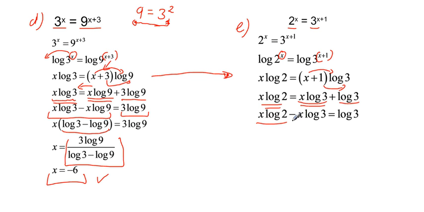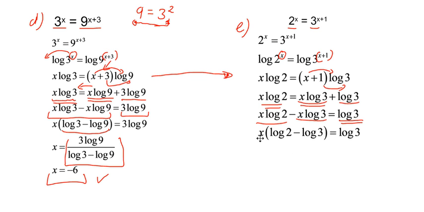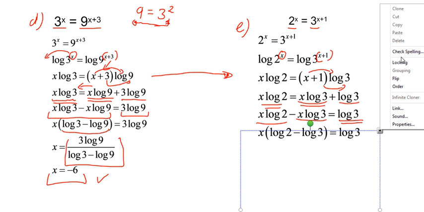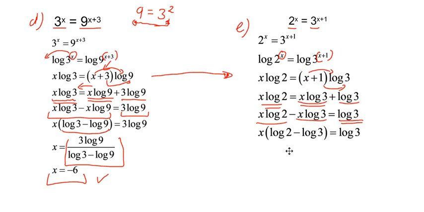You keep this term, you bring this to that same side, log 3 remains on the opposite side as a constant value. Now factor x. Factoring x allows you to simplify this further, and then by dividing both sides by the difference log 2 minus log 3, we'll get the answer.